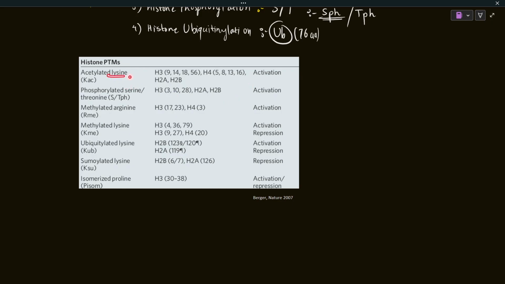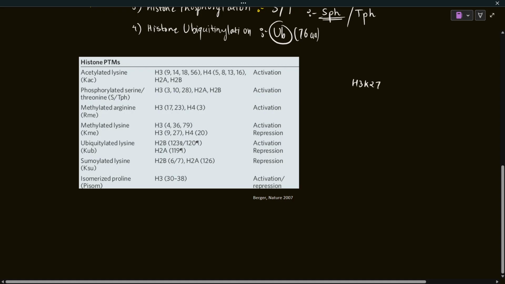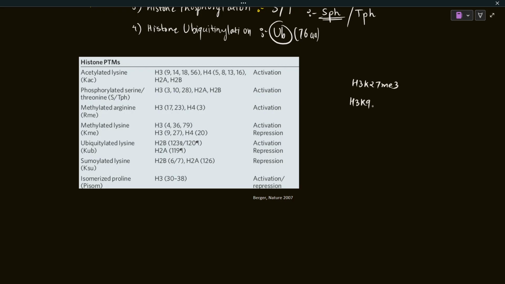You will just have to learn the active or repressive marks. In the case of acetylation, there are only active marks, while in the case of methylation, there are active as well as repressive marks. You have to learn certain of them, like H3K27 trimethylation, H3K9 trimethylation, or the H3K4 methylation mark.